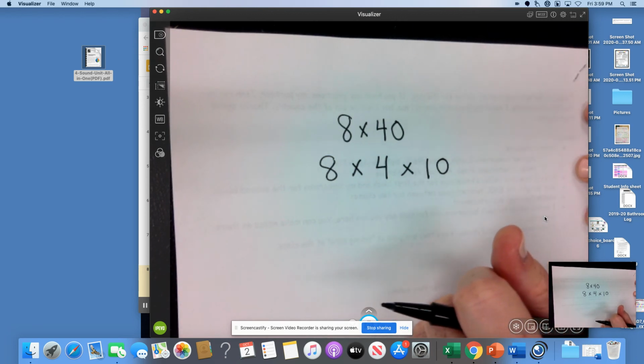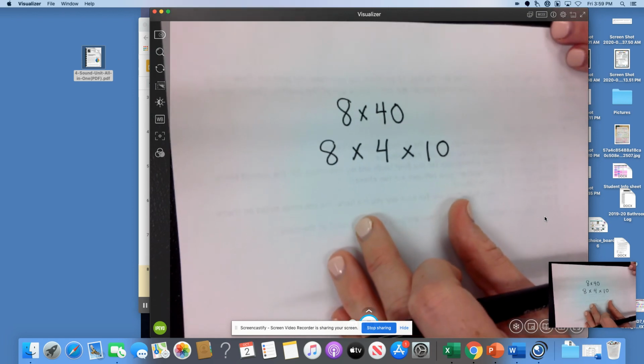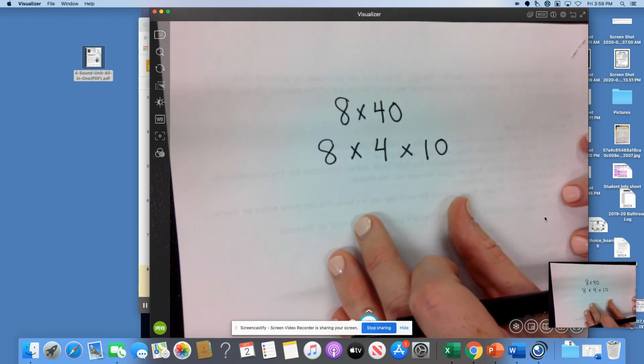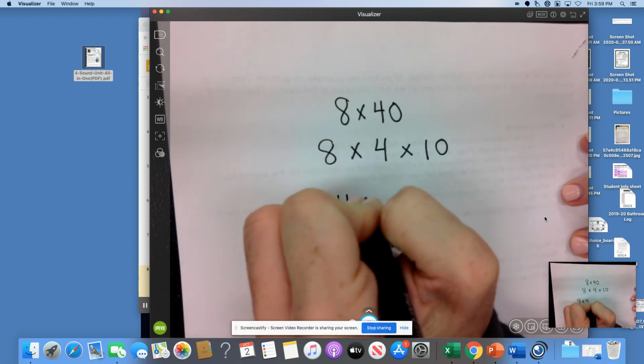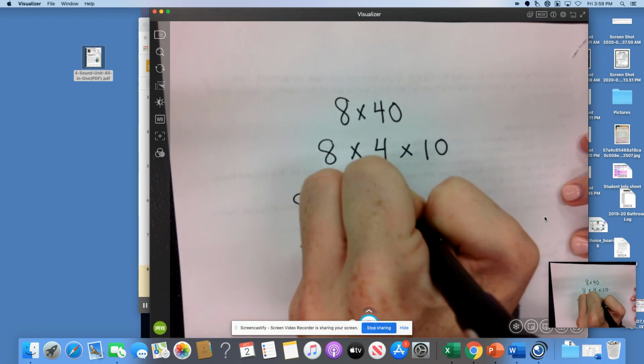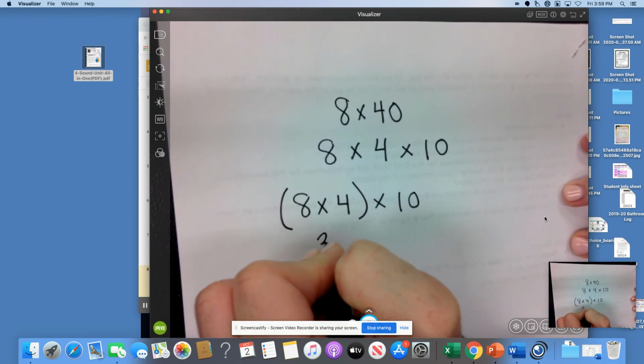Y'all have been working on your multiplication facts with the multiplication challenge and the PowerPoint. So if you know your facts, I could definitely start and do 8 times 4 and then multiply it by 10. So what's 8 times 4? 32.